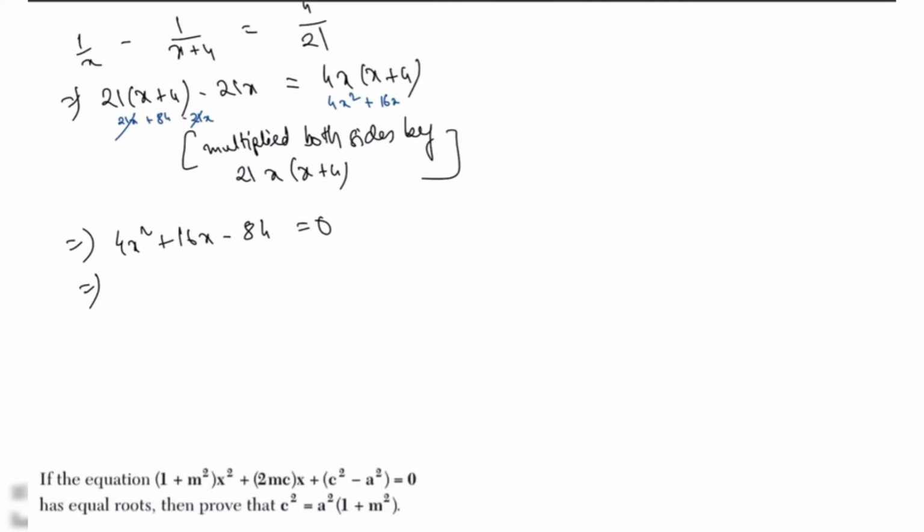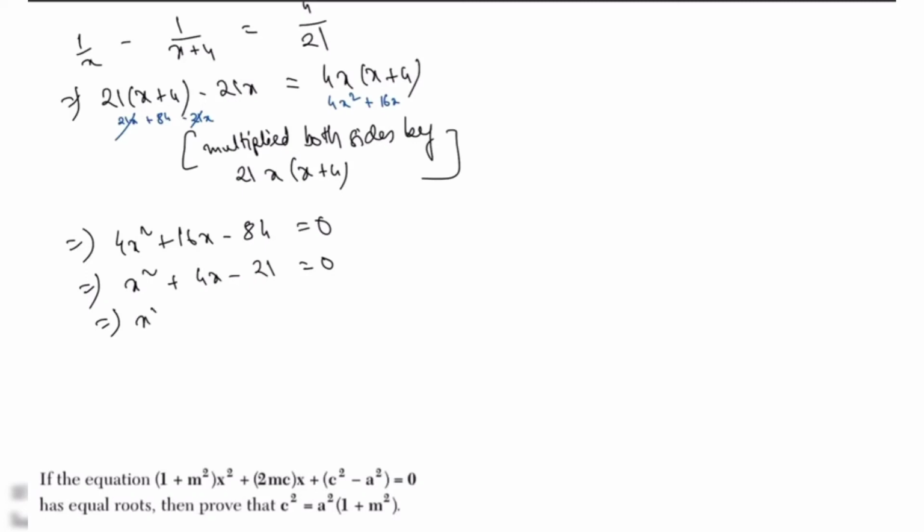Then we have x square plus 4x minus 21 is 0. So again we need two numbers whose product is 21 and difference is 4.